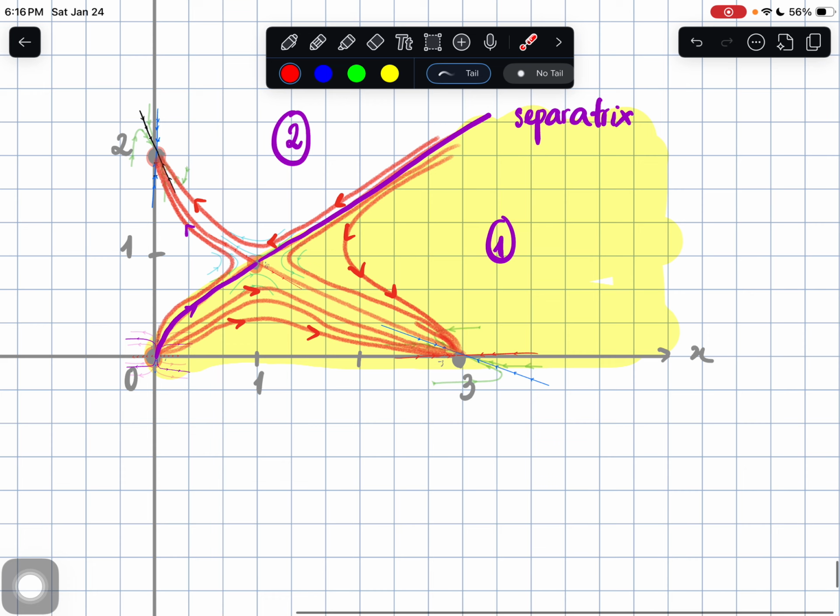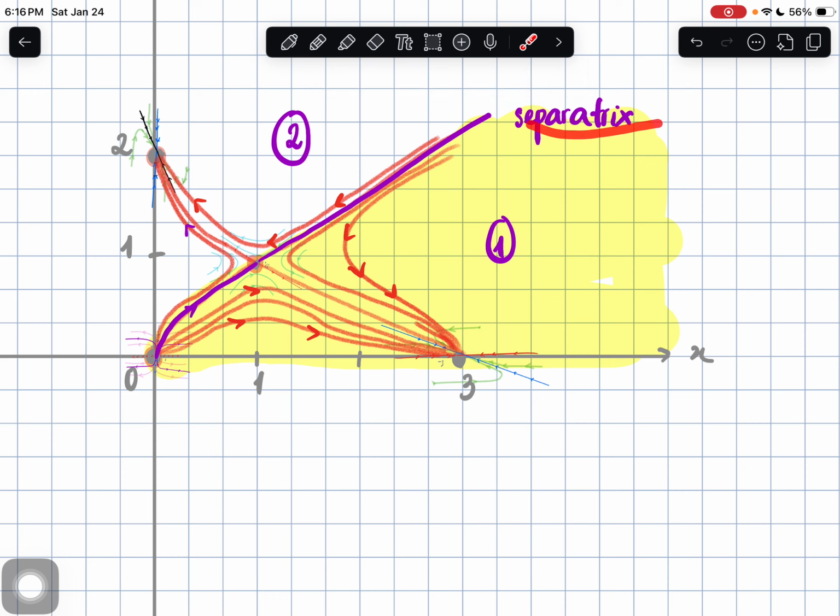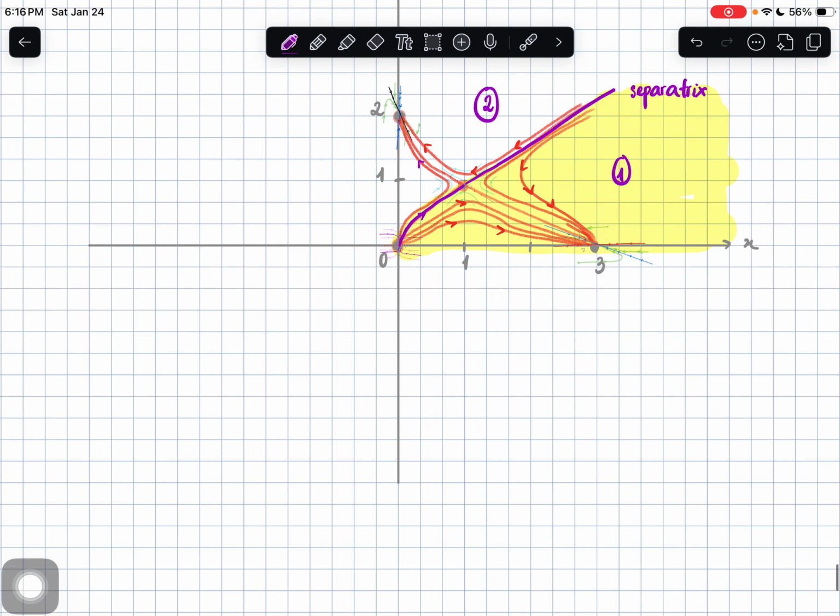So you see that for this separatrix, we have 2 regions, and either way, one of the species will die out, and only one species survives. So in this case, we have the survival of a single species.